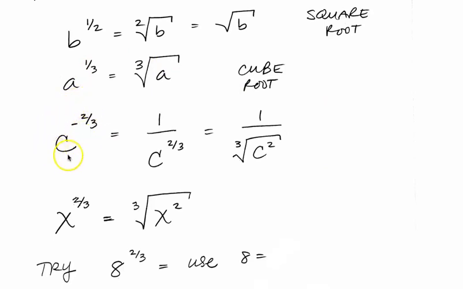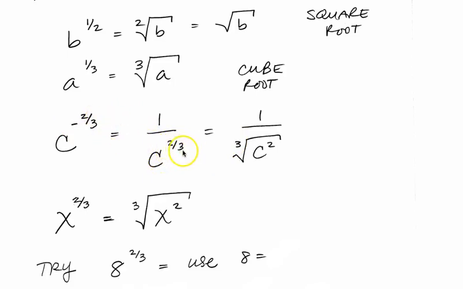This is kind of a fun one. So c to the negative 2/3 power. 2/3 would give me squared, and then the 3 in the denominator would give me cubed root. So I get rid of the negative sign by putting it down in the denominator. And so that's what a 2/3 looks like.